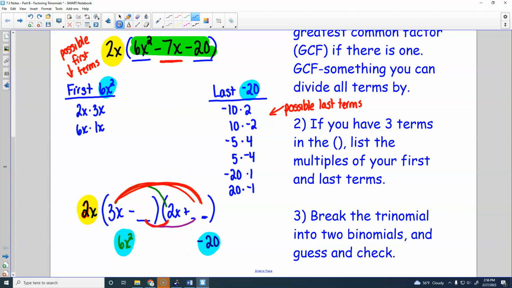We're almost there. So 4 here, 5 here. All right, so 3x times 5 will give me a positive 15x. And negative 4 times 2 will give me a negative 8x. What's that give me? Are you sure? It gives me a positive 7.